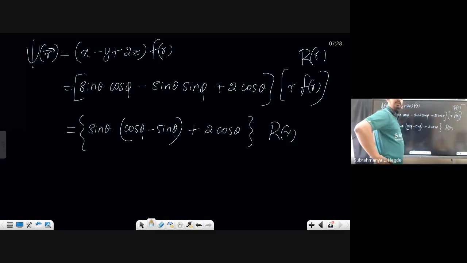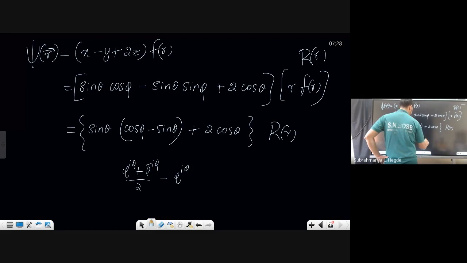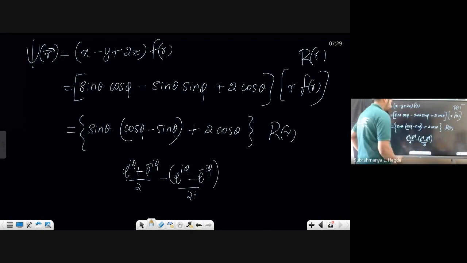You have to write it in exponentials. How do you write it? Cos phi is e power i phi plus e power minus i phi by 2, minus sine phi, which is e power i phi minus e power minus i phi divided by 2i. How do you rearrange this?